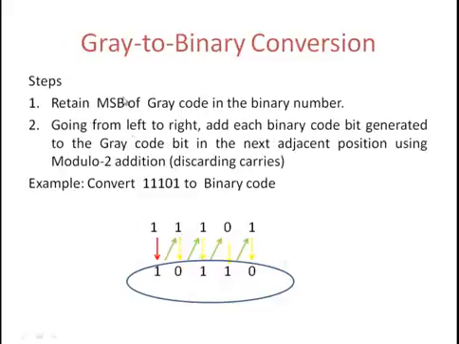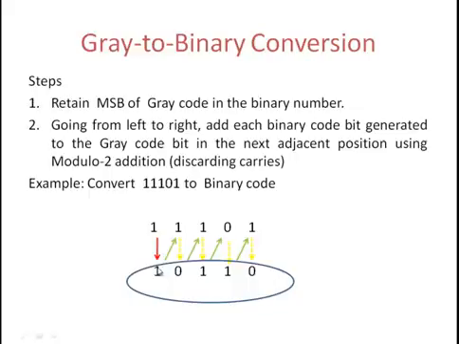Next, you need to find the binary number of a gray code. So two steps are again given here. This is the gray code, 11101, and you need to find the binary code. First of all, retain the MSB. Then going from left to right, add each binary code bit generated to the gray code bit in the next adjacent position using modulo 2 addition.